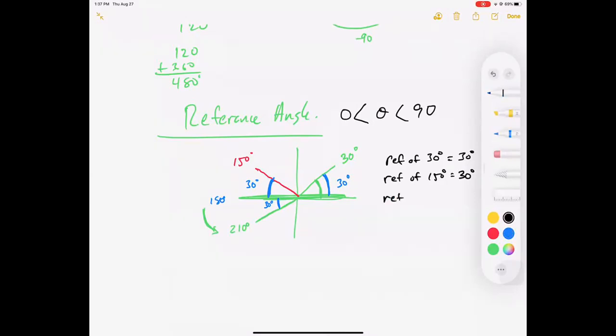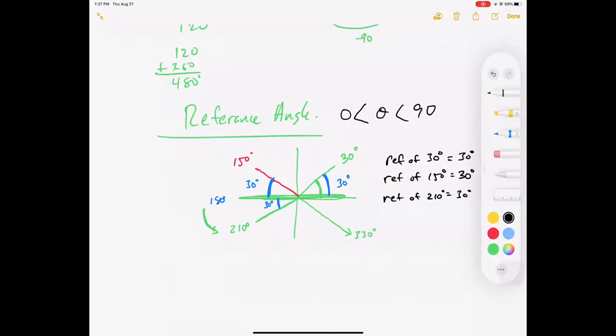The reference angle of 210 degrees is going to be 30 degrees. Now we're dealing with easy numbers. Let me do one more just to show you guys in quadrant 4. I pick an angle in quadrant 4, and that angle is going to be 330 degrees.